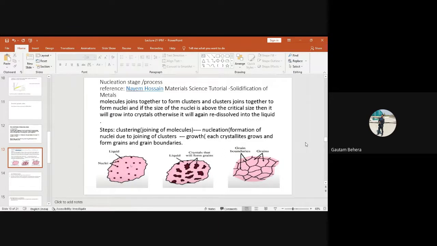And this nuclei should be big enough. Its size should be above the critical size of the nuclei. So if this condition is fulfilled, this nuclei will start growing and become individual what? Crystals or individual grains. And when these individual grains or crystals grow, they will meet the adjacent grains, and finally you will end up with grain and grain boundaries, which is the structure over here. Fine.